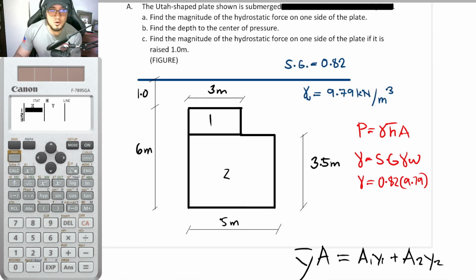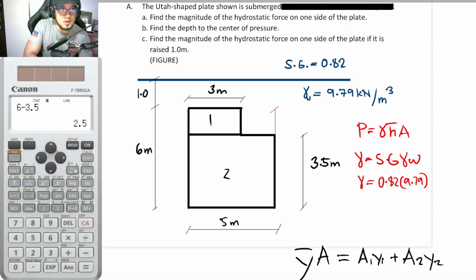For the X column, what is the area of our first figure? That is 3 meters times whatever this dimension is. Since collectively all of this is 6 meters and this part is 3.5 meters, this dimension is 6 meters minus 3.5, which is 2.5.